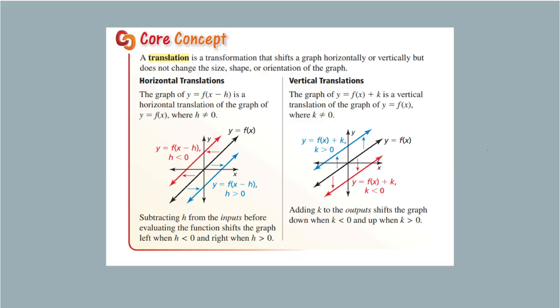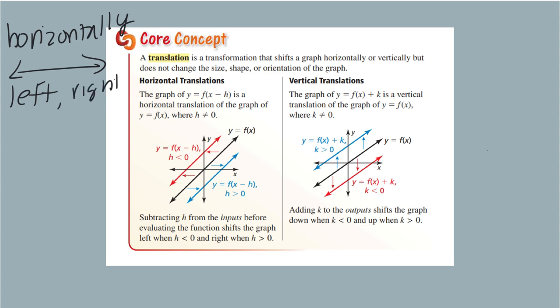Okay, here we have the core concept of the translation, which is basically a transformation that shifts the graph horizontally or vertically. So horizontally happens which way? Left, right, correct. And vertically happens up and down, correct?